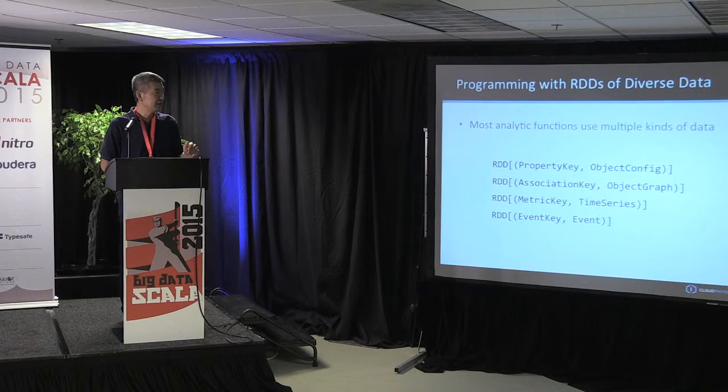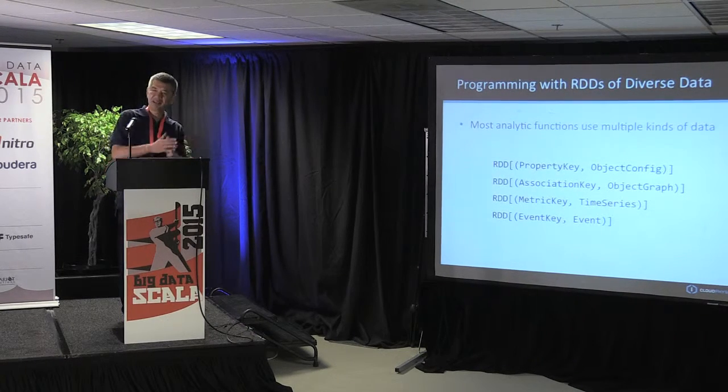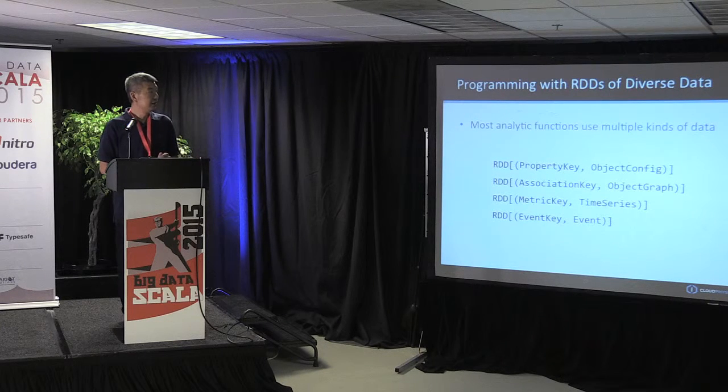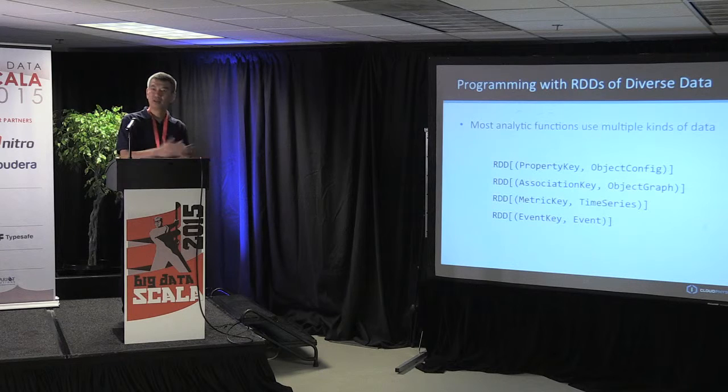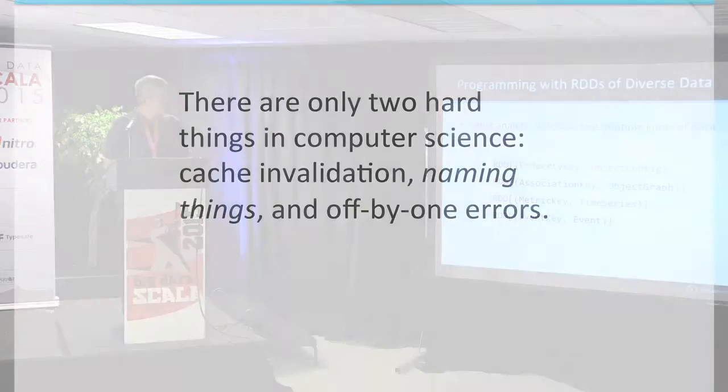In this case, I'm illustrating the four categories: more or less static data that tells what resources are there; the relationships between different objects, which virtual machines run on which physical servers, and use which storage arrays for their data; and time series and events that capture changes in the environment.